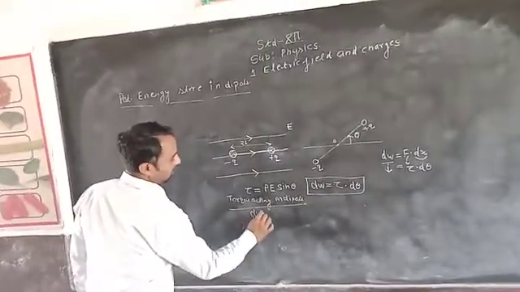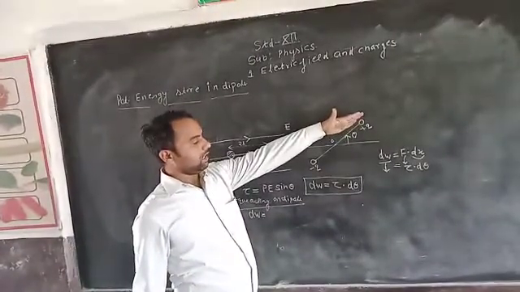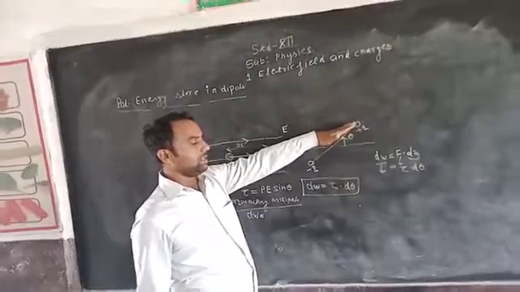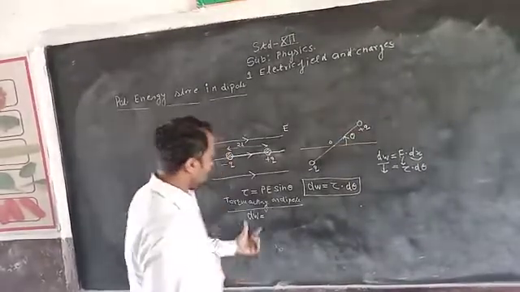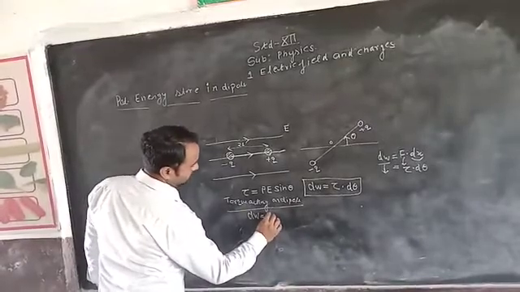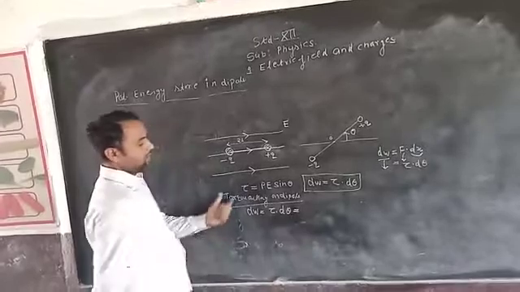Hence, if this dipole is rotated at an angle of theta, some amount of work has to be done by the external agent. So we say that the total amount of work will be calculated as torque into d theta. What is the value of the torque?